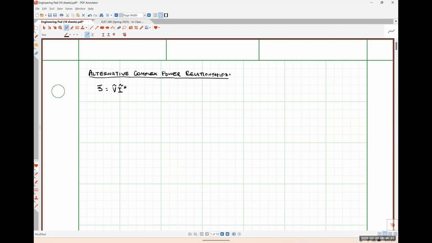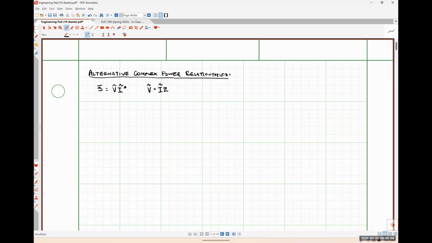And the other thing that we need to know is just Ohm's law in the RMS frequency domain, which we applied multiple times in Tuesday's class meeting. So Ohm's law in the RMS frequency domain is just going to look like V is equal to I times Z. And what we're going to wind up doing is simply rearranging these two relationships, okay?